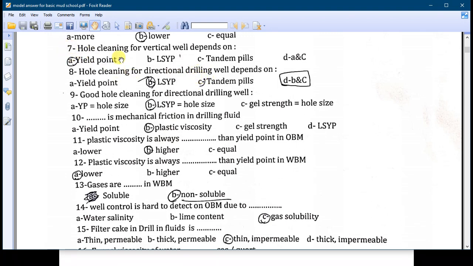So number 7 for vertical is just the yield point, but number 8 for directional drilling depends on B and C, which are the low shear yield point and the tandem pills.